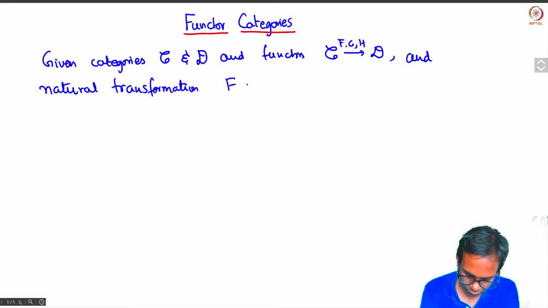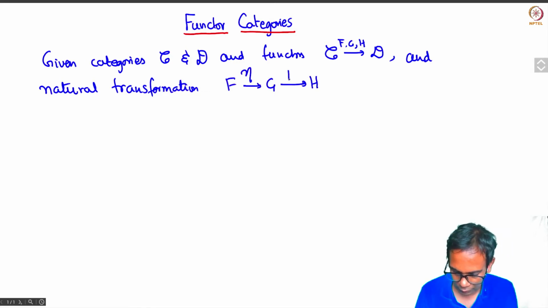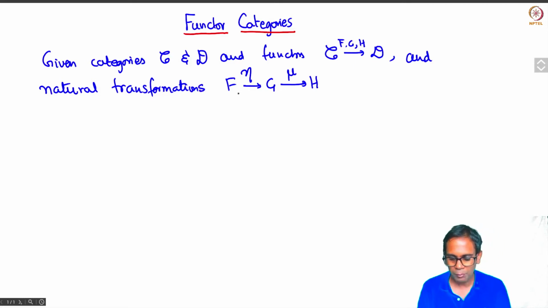Say from F to G we have a natural transformation eta, and from G to H we have a natural transformation mu. Then we can form a natural transformation from F to H as the composition of mu and eta.